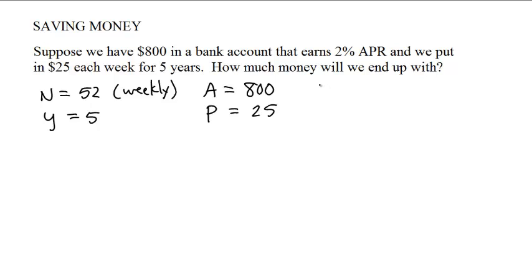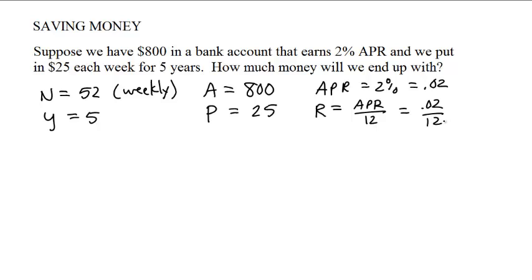Now let's see. The APR is 2%, which means it's 0.02, and so the rate is going to be the APR divided by 12, which is 0.02 over 12. What the heck, I'll leave it like that.